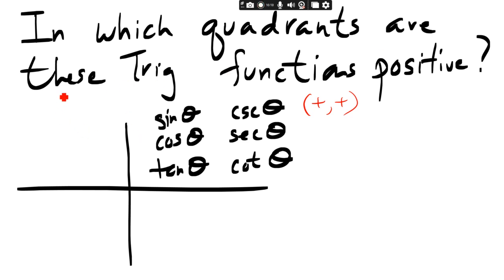Okay, quadrant two. Quadrant two says my x coordinate is negative and my y coordinate is positive. So tell me which functions, all of them, some of them, which ones are positive in quadrant two? How come sine? Yes, r is always going to be positive, right?